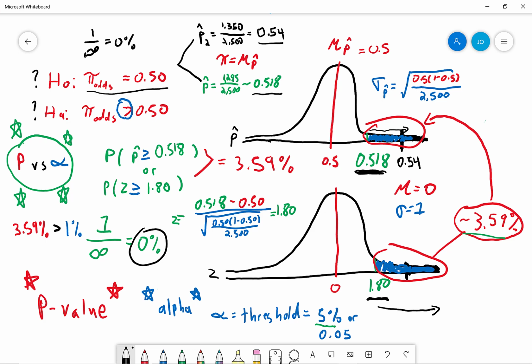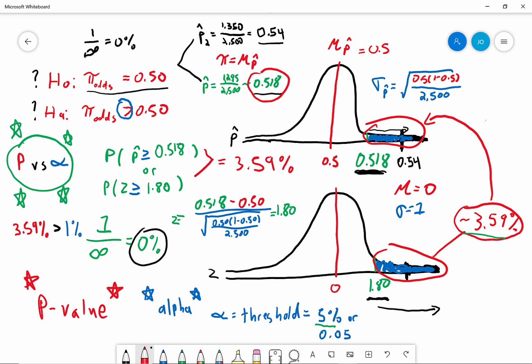On top of that, our sample proportion in actuality was 0.518. It was bigger than 50%. So it's not like we should definitely say it equals 50%. It was bigger. It's still some evidence to support HA. But let's not get carried away and support that it equals 50% just because it didn't reach our threshold level.